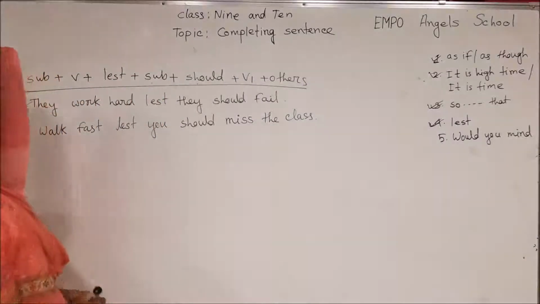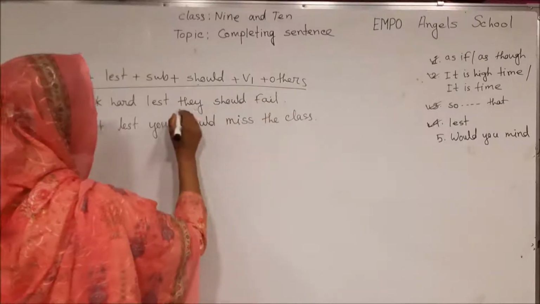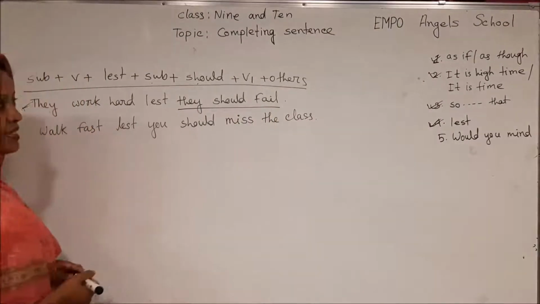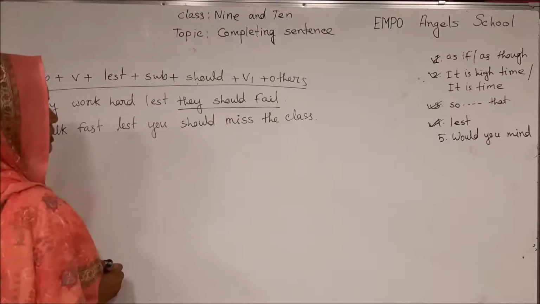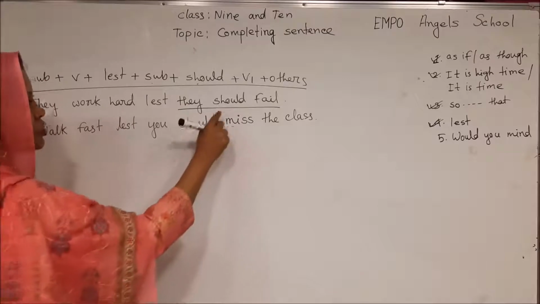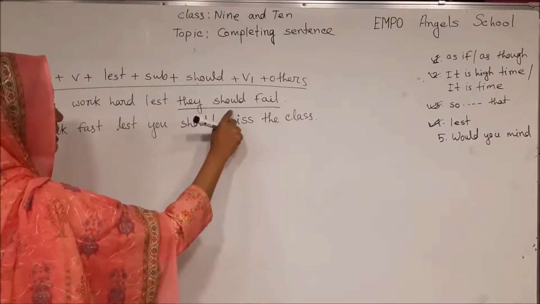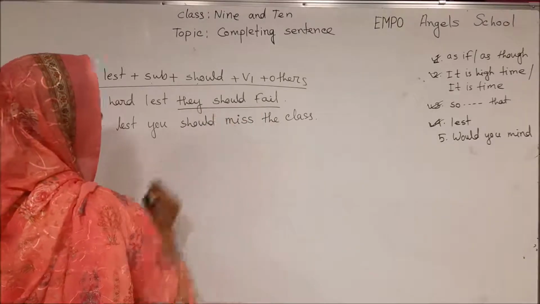Here you see, they work hard lest they should fail. They should fail. It is an unpleasant clause. And you must take "should". You must take "should" after "lest" as your verb and then verb 1.